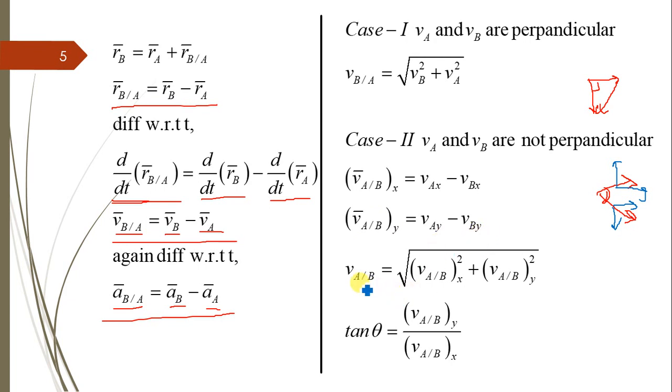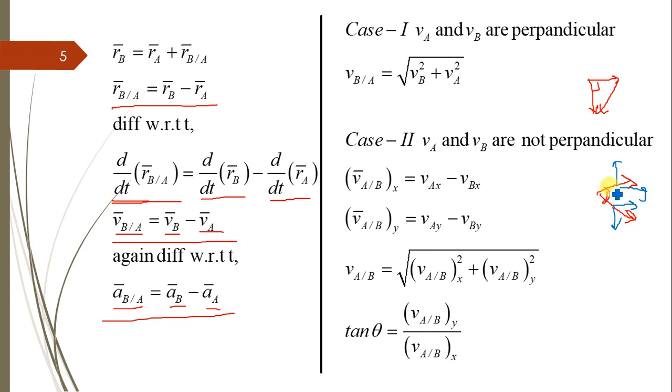Therefore the total relative velocity is equal to the square root of VAB x square plus VAB y square. Similarly, tan theta is equal to VAB y divided by VAB x. It is similar to the resultant.